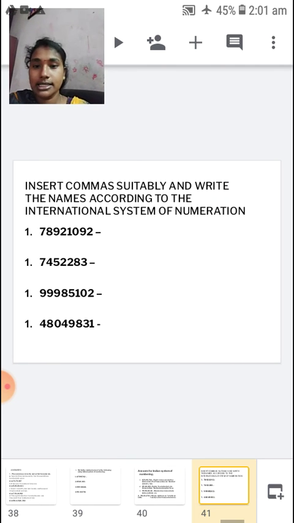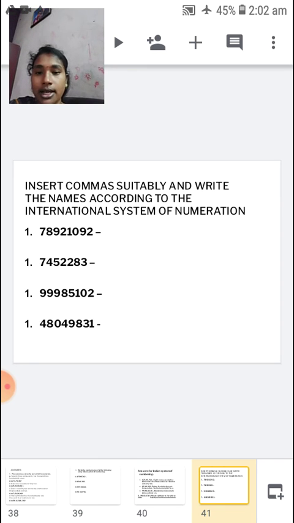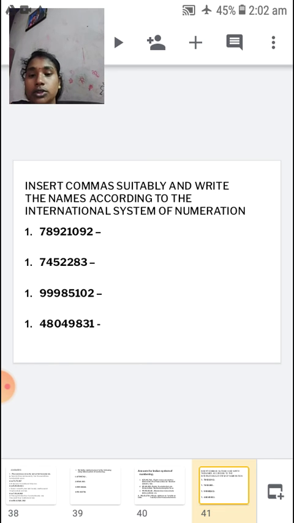So the next one is, we are going to insert commas suitably and write the names according to the international system of numeration. So we have 7, 8, 9, 2, 1, 0, 9, 2. In the second we have 7, 4, 5, 2, 2, 8, 3.